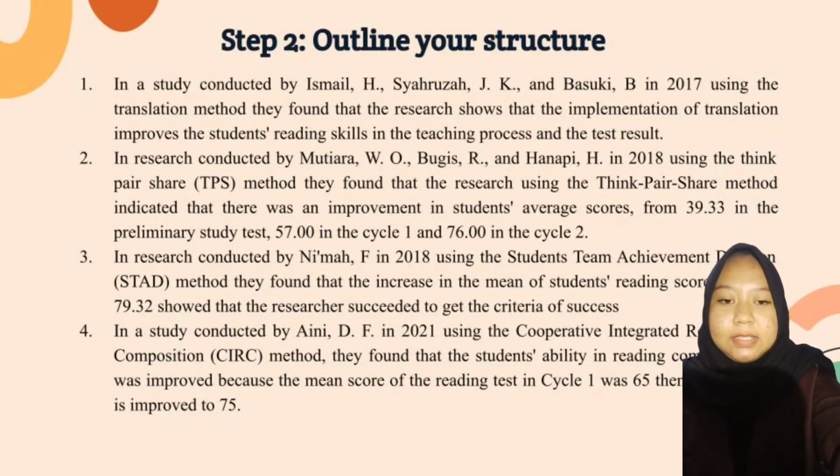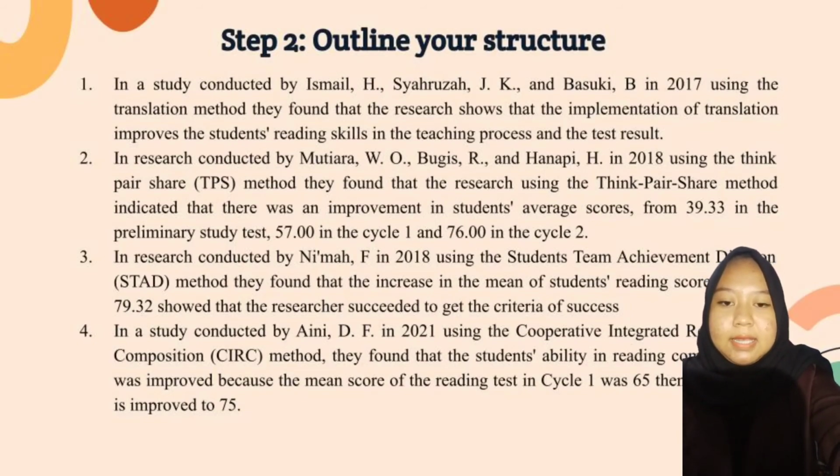Second, in research conducted by Mutiara W.O., Bugis R, and Hanapiha in 2018, using the TPS method, they found that the research indicates that there was an improvement in student average scores. Third, in research conducted by Nikmah F in 2018, using the Student Team Achievement Division method, they found that the increase in the mean of student reading score became 79.32, so that the researcher succeeded in reaching the criteria of success.